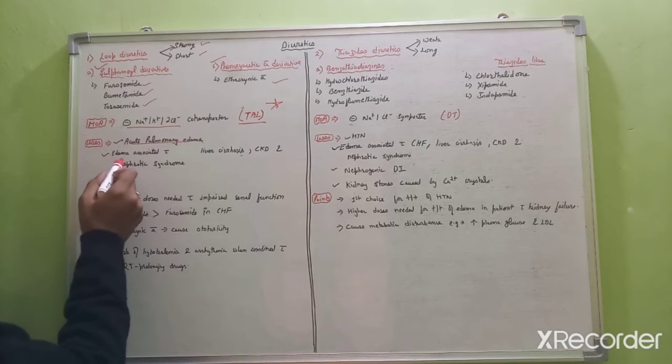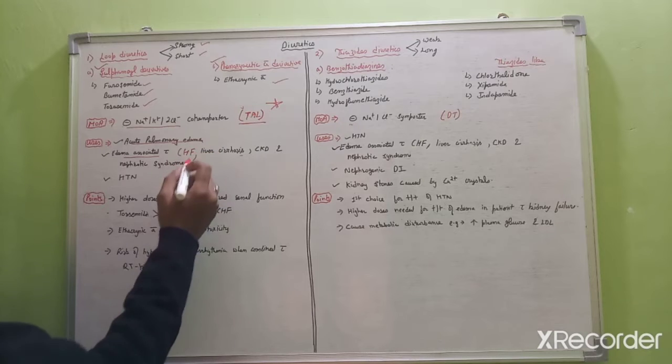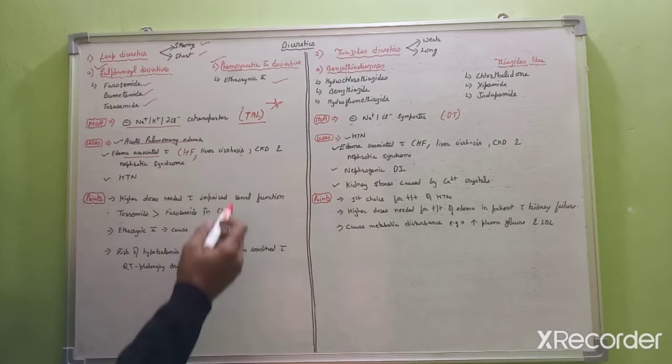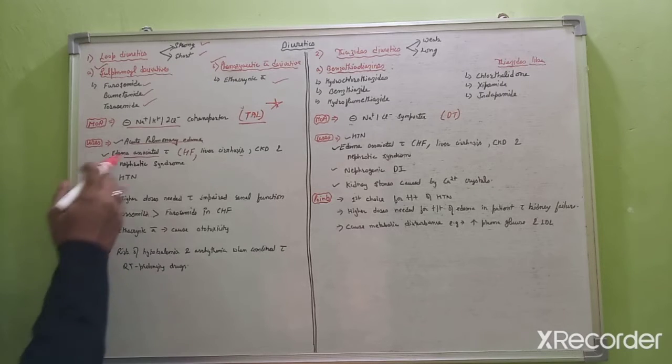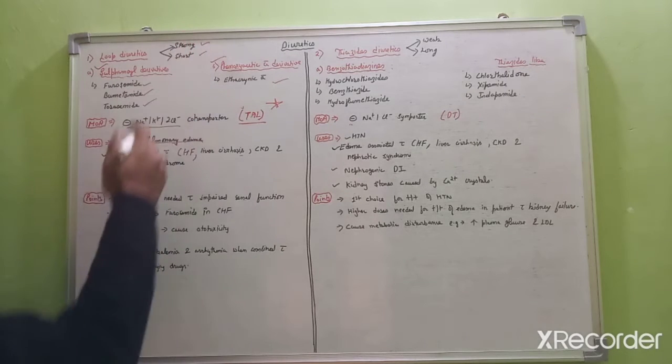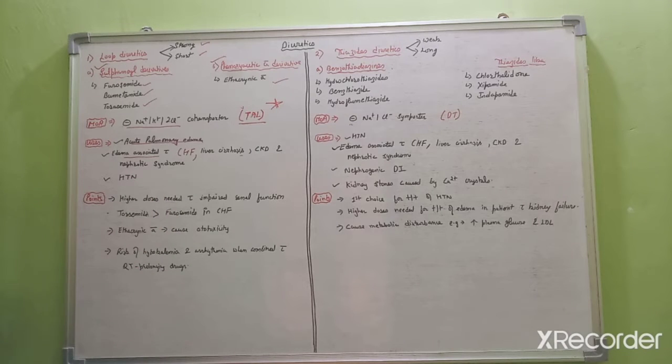They are used in the edema associated with CHF, liver cirrhosis, chronic kidney disease, and nephrotic syndrome. Due to their strong action, they are also used in hypertension, but they are mainly used for edema, mainly for CHF.